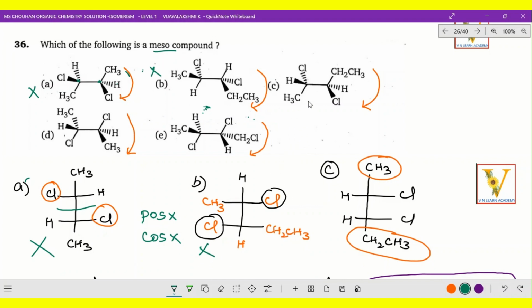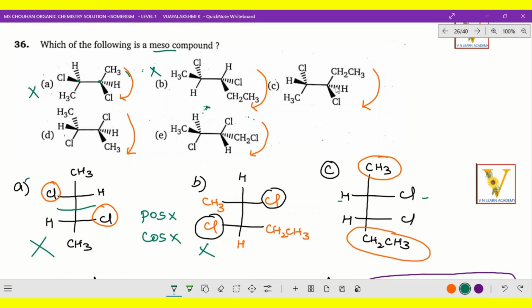Okay, now the third one. Here the wedge position and dash position. Wedge position hydrogen, yes, hydrogen is there. And the dash position Cl, yes, Cl is there. And of course CH3, yes, CH3 is there. And CH2CH3, I just put down because they did not mention wedge or dash.